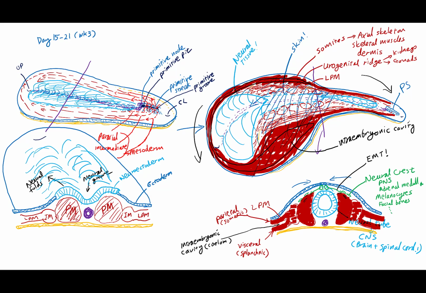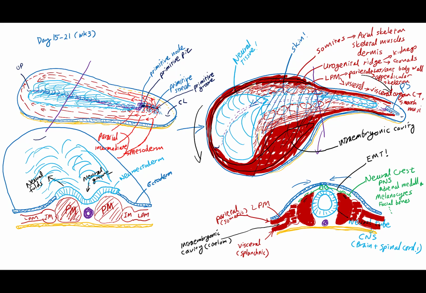So looking at what these structures give rise to, the parietal layer of the LPM will give rise to the lateral and anterior body wall. It also gives rise to the appendicular skeletons of our body, so the bones of the limbs. And the visceral LPM gives rise to a lot of important visceral structures, including the connective tissues of the visceral organs, the cartilages of the trachea, for example, and the smooth muscles.